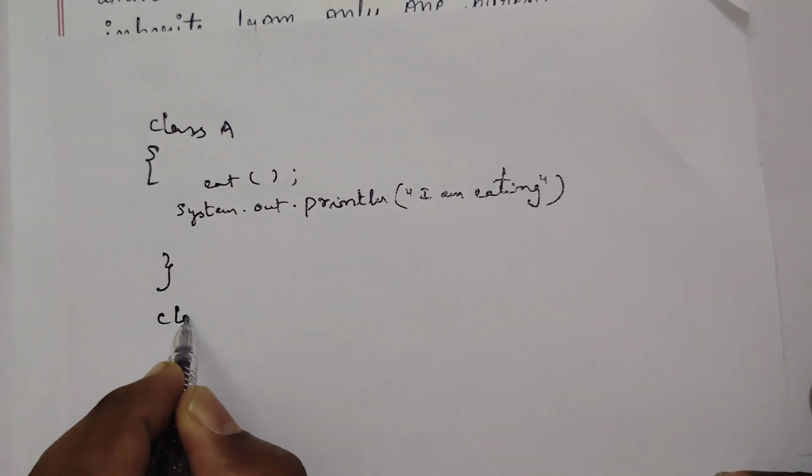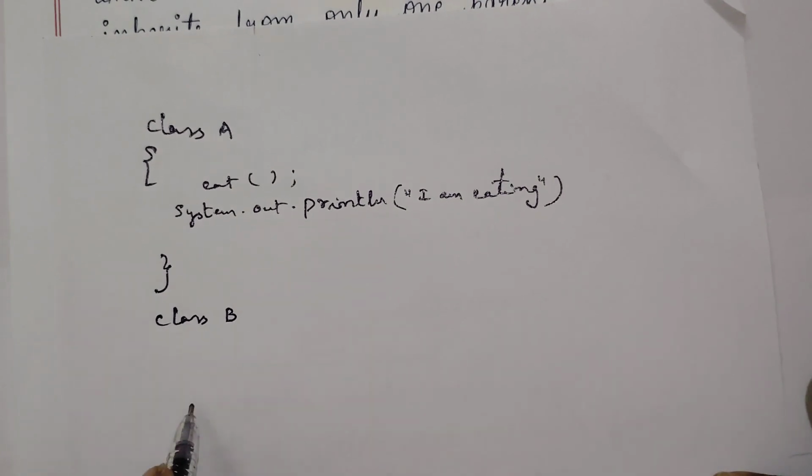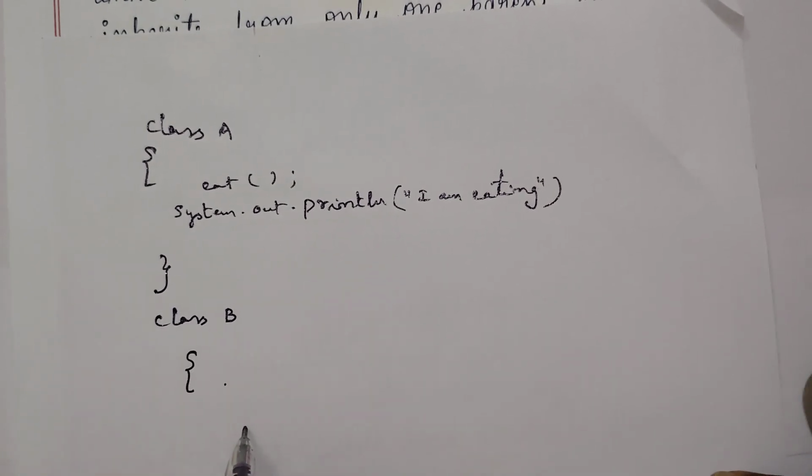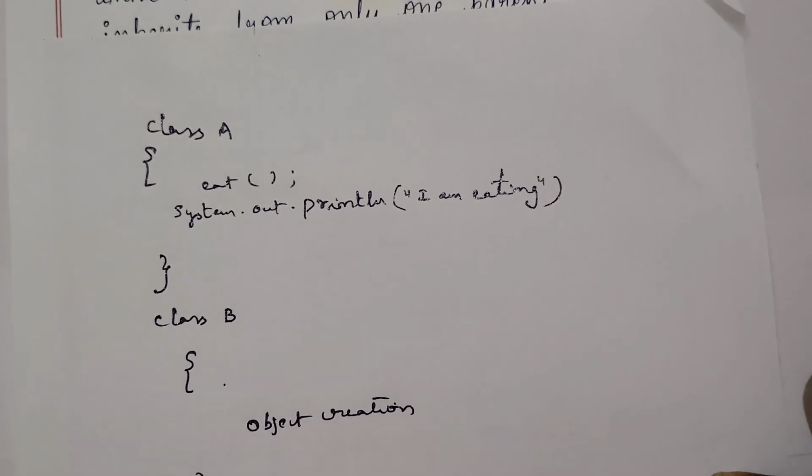Next, we are going to go for class B, and we will create some object in class B. Object creation, and we'll go for executing the program. Then if you write the program like this, an error will come.